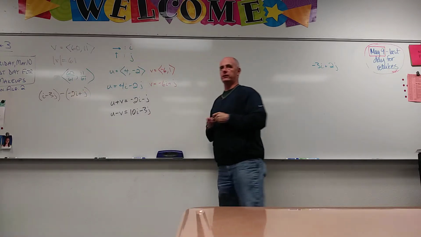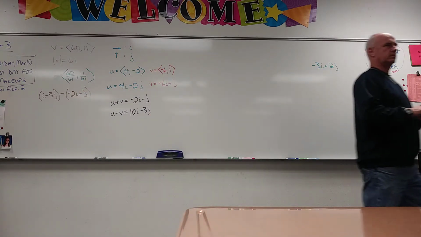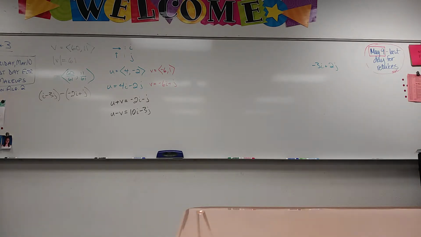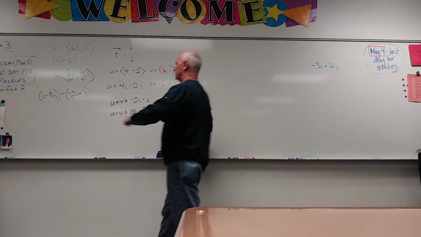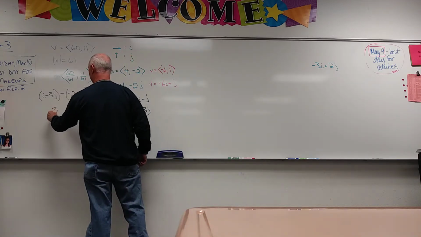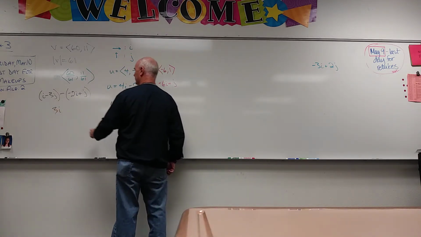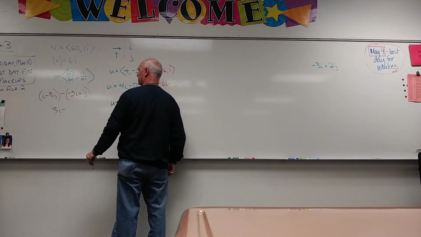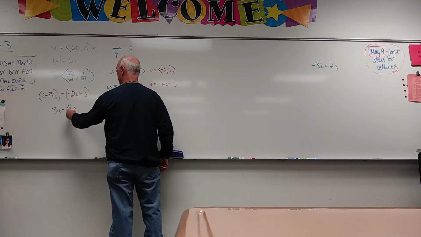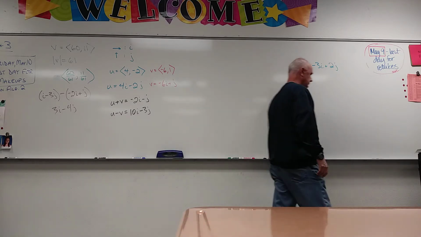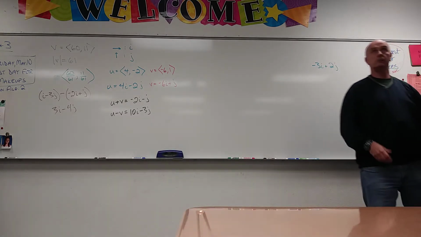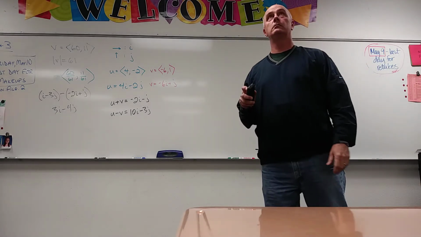What are we actually doing here? Subtracting two vectors. Doesn't look like we're subtracting two vectors, but that's exactly what we're doing. If we subtract the two vectors, what do we get? 3i minus 4j. Yes.